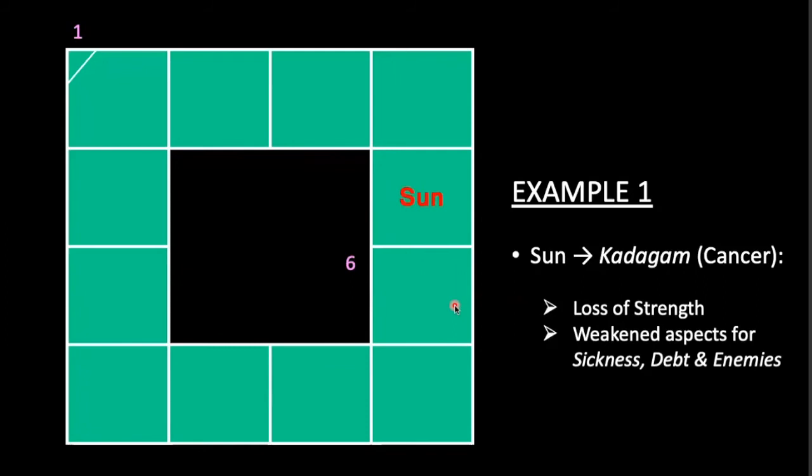The second house is positive, but 12 houses away is where the owner is placed, so it's a loss. It's a negative to a positive, so it's negative. You lose your ability to make money, you lose your family orientation and all those things. But for a Dusthana house, losing something is good.